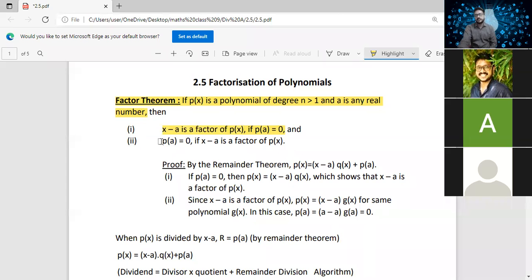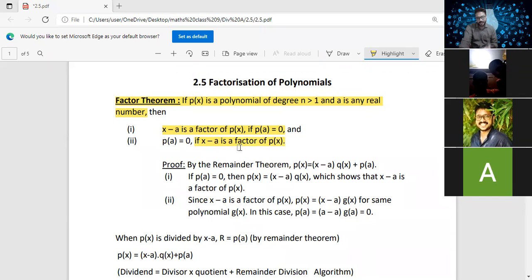And the second inference, which is actually the converse of the first statement, is: if x minus a is a factor of p of x, then p of a is 0. What do you mean by a factor of p of x, or a factor of any number?